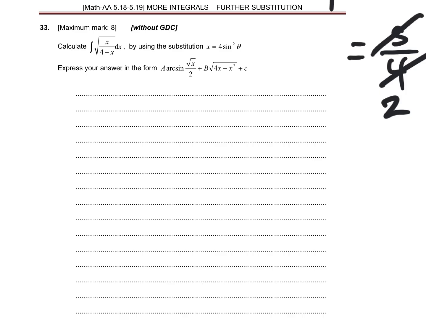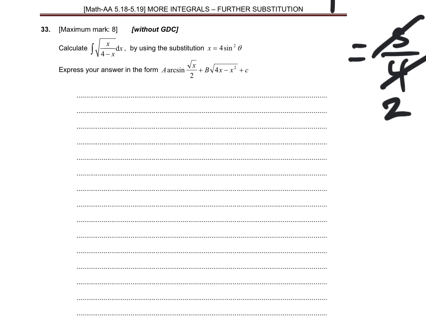Okay, 33. Calculate this using substitution. Okay, so we will have dx d theta, so this is 4 and then sine theta squared, right?